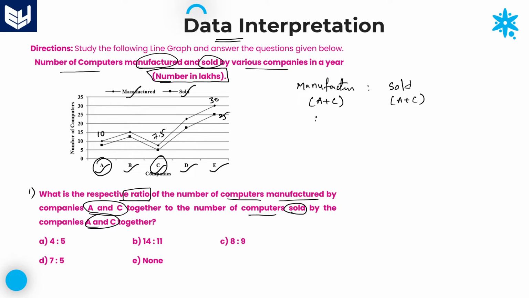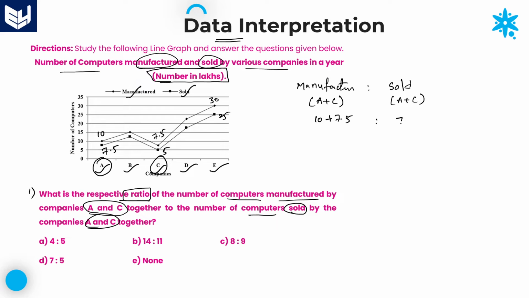So this value is 10 plus 7.5 lakhs. And next, the number of computers sold. Here this is between 5 and 10, that is equal to 7.5, and company C, which is 5.